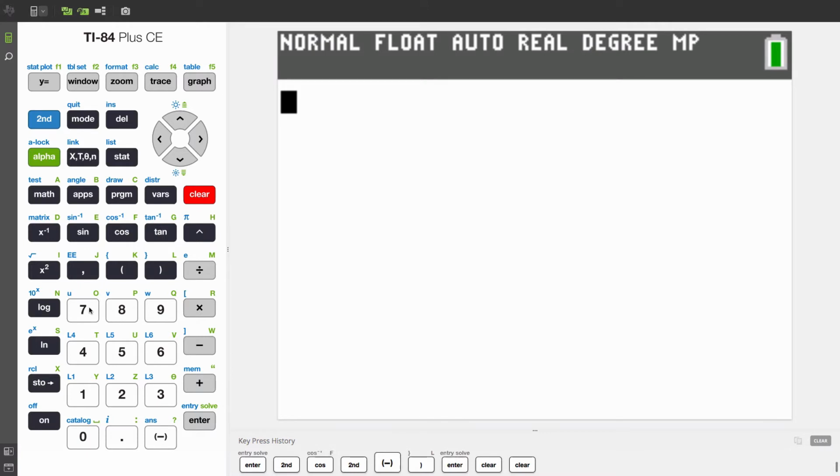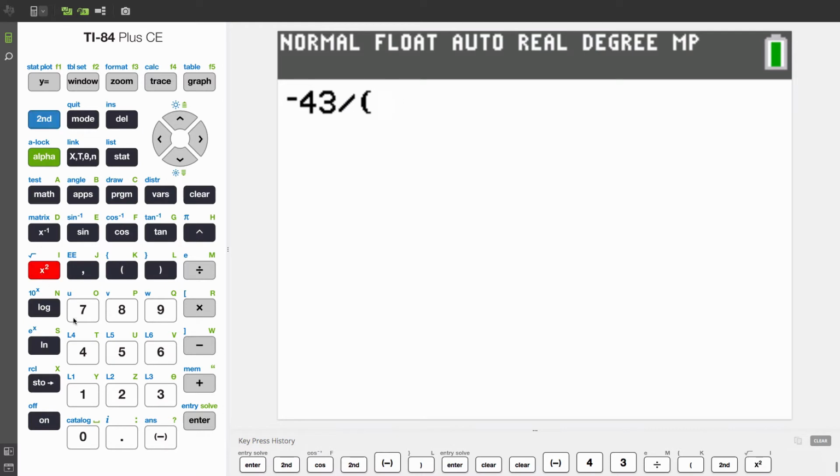With our calculator, the first thing we're going to do, watch my keystrokes. -43. You can't do minus, you'll get an error. -43 divided by, and since we have 2 terms in the denominator, we need to do parentheses.